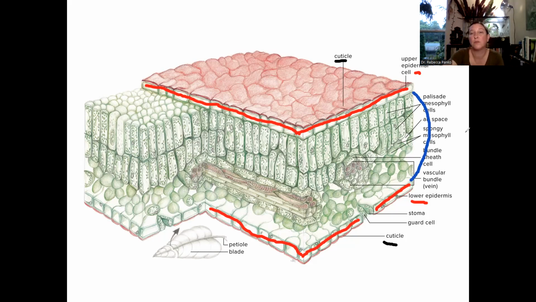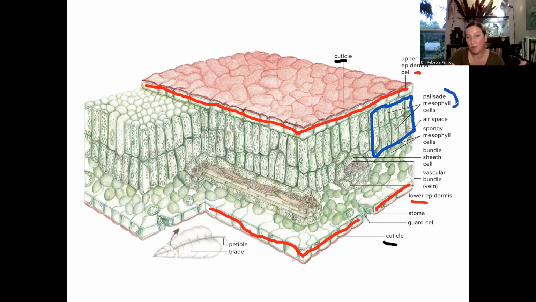Meso means middle, phyll means leaf, mesophyll. So the whole area between the epidermal layers is the mesophyll, but the mesophyll consists of different parts. So the top part, which I'm drawing in blue, is what's called the Palisade Mesophyll.